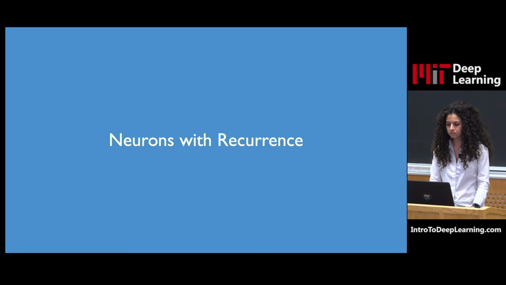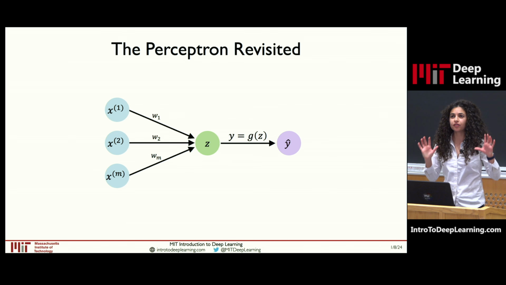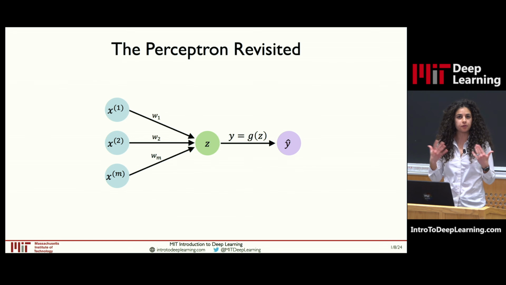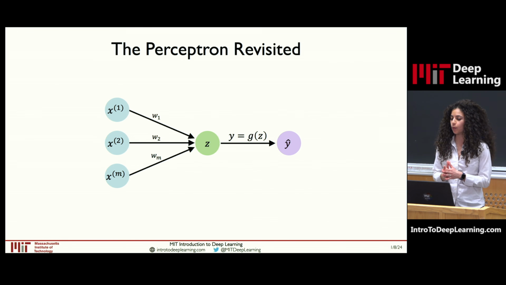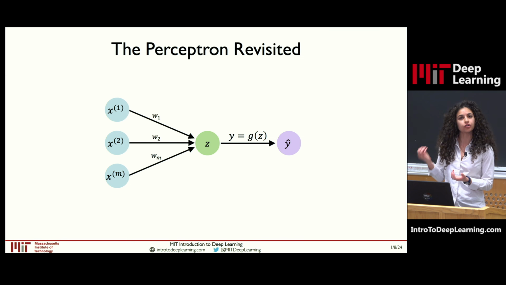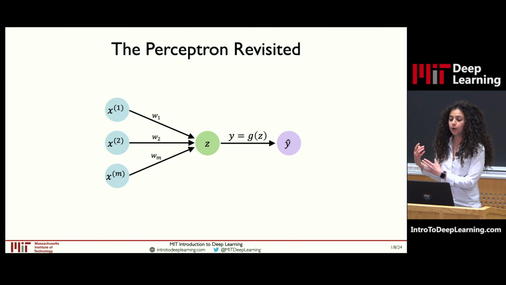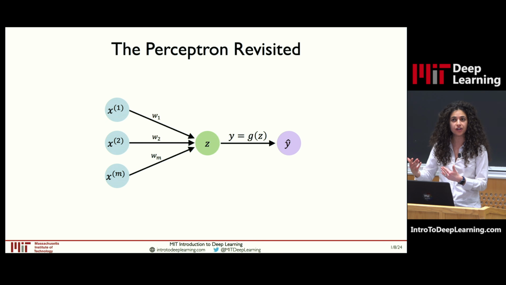Okay, so this is the exact same diagram that Alexander just showed, right? The perceptron. We defined it where we have a set of inputs, x1 through xm, and our perceptron neuron, our single neuron, is operating on those to produce an output by taking its weight matrix, doing this linear combination, applying a nonlinear activation function, and then generating the output.